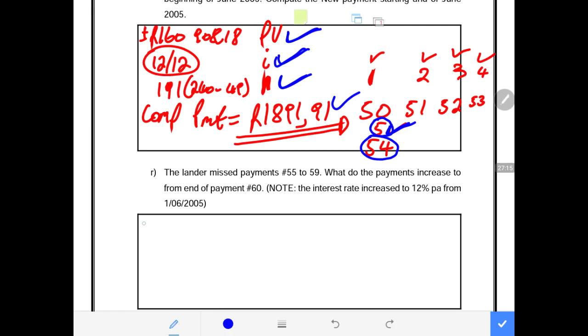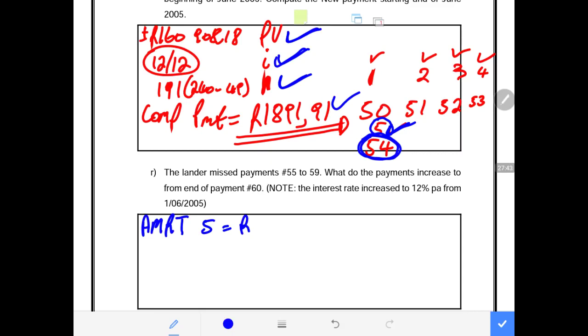So now we need to say AMRT. Amount, what do we amount? We amount 5. Meaning 5 is the 54th payment. So now that will be amount 5. Then we need to know the balance after the 5th payment was made in the new annuity, or when there was a new interest rate.